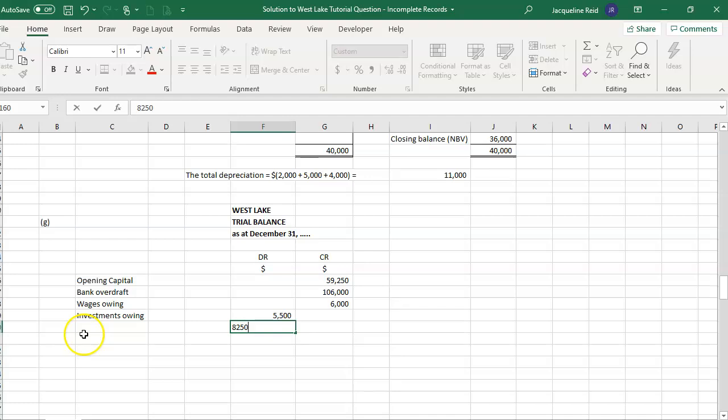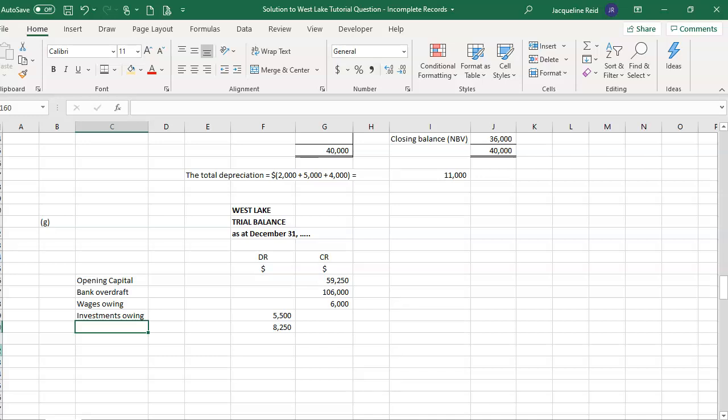So you remember in the past when we gave you trial balances to work to determine financial statements, you were always given the opening stock in the trial balance and the closing stock as a note. Because that closing stock figure was not derived through double entry. It was done through a stock count. So we will ignore it. So the figure we're using here is the opening stock figure of 8,250.